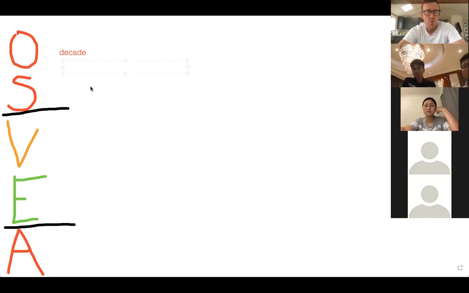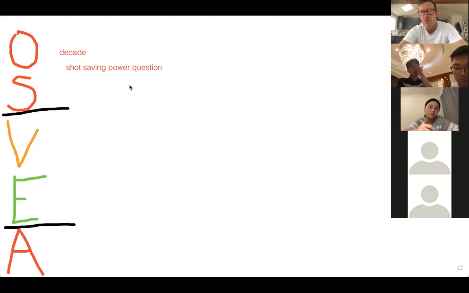Another practical tool I call the shot saving power question. And we've mentioned this before. If I hit this ball 10 times at this target, how many will go in the worst position possible? Or the shit, depending on the kids that I'm working with.